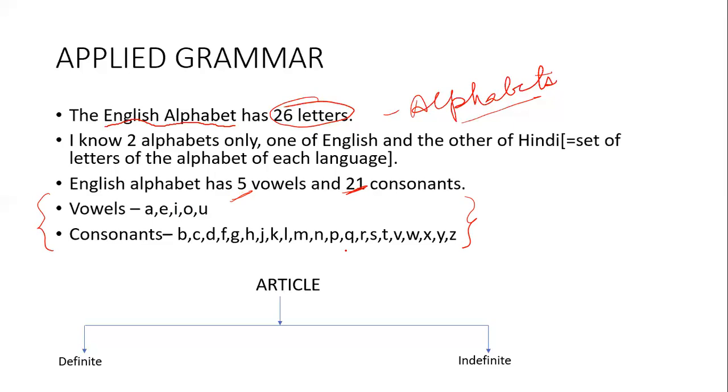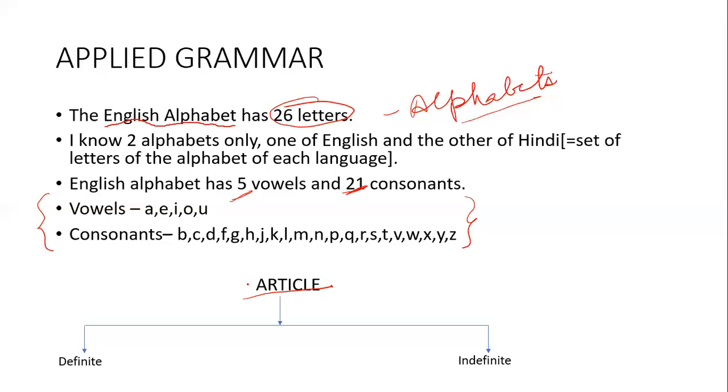Because this determines the use of one of the most important parts of English grammar. This determines the use of a particular adjective in any sentence. How? This is going to determine how to use an article in a particular sentence before any noun.